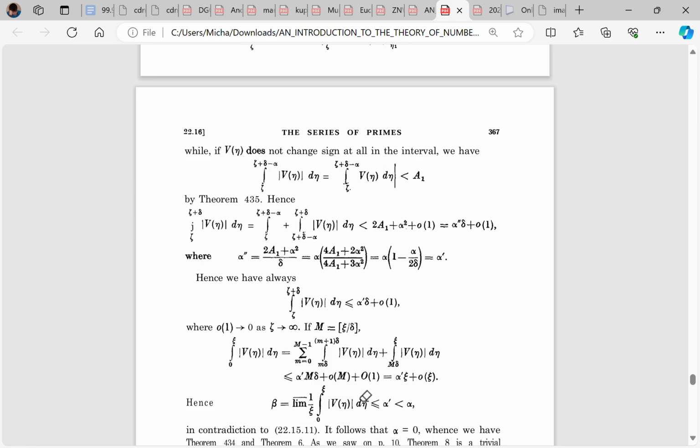And the little o of 1 is going to infinity as what goes to infinity? It's like 0 goes to, as zeta goes to infinity. But here the zeta is the, you have m lots of o(1)s.